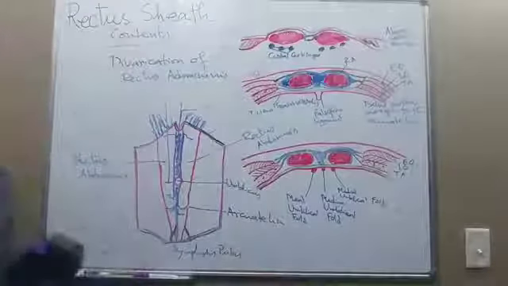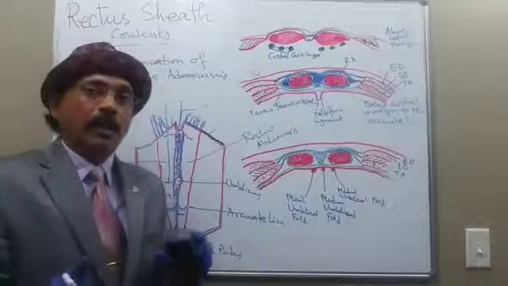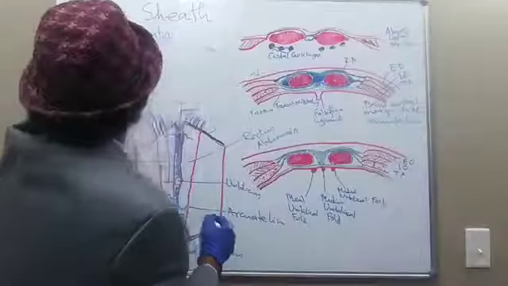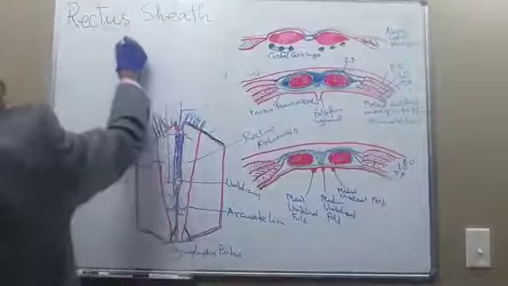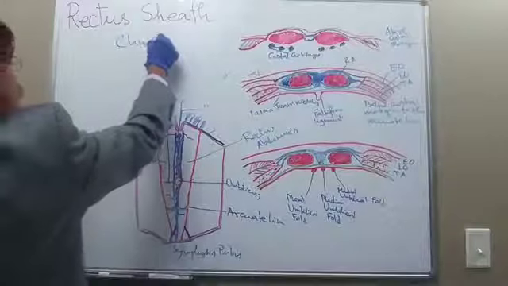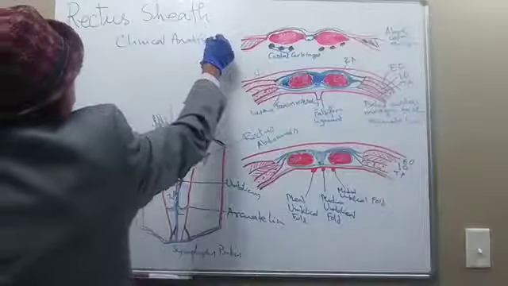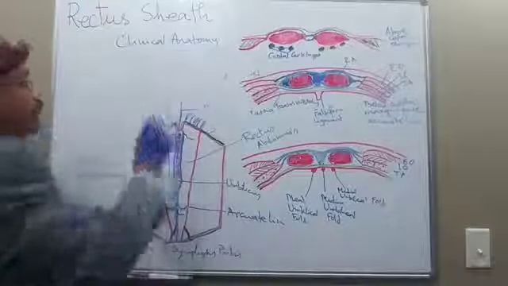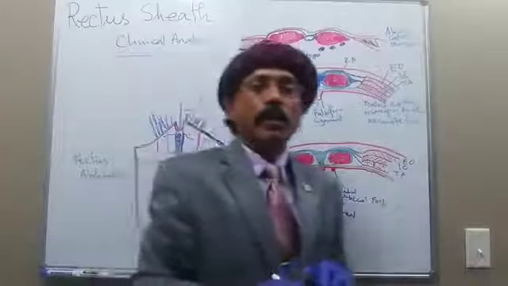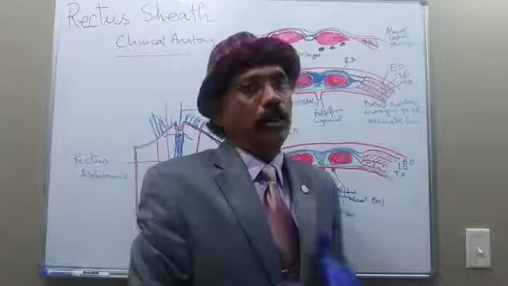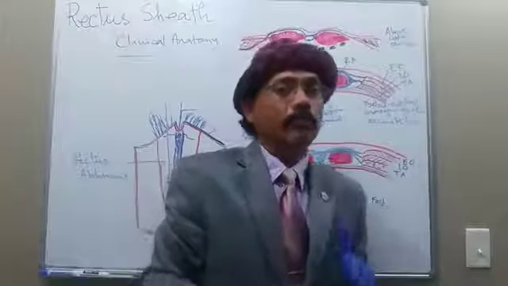So now we'll learn some of the applied anatomy or clinical anatomy. We just discussed that the linea alba is avascular, not perfectly avascular, not completely avascular. It is relatively avascular.